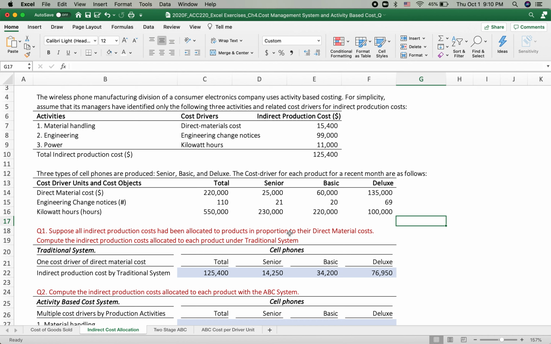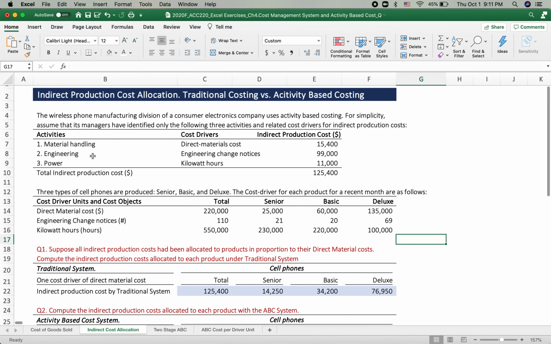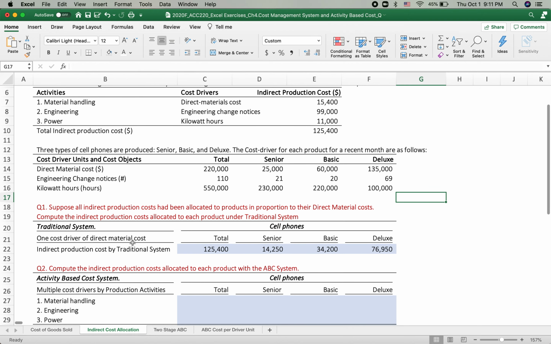That is the traditional way. Even though we have the activities along with this cost driver, and this indirect production cost is segregated by this activity, we ignore these activities. Instead, we use just the direct material cost, assuming that we do not have this activities information. But now we have this activities information.